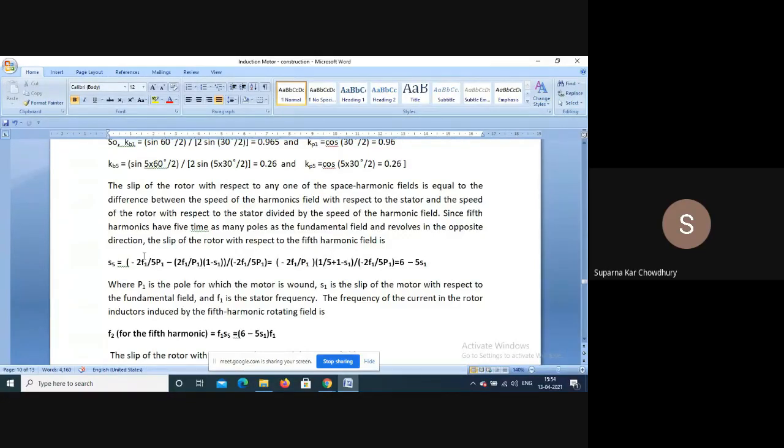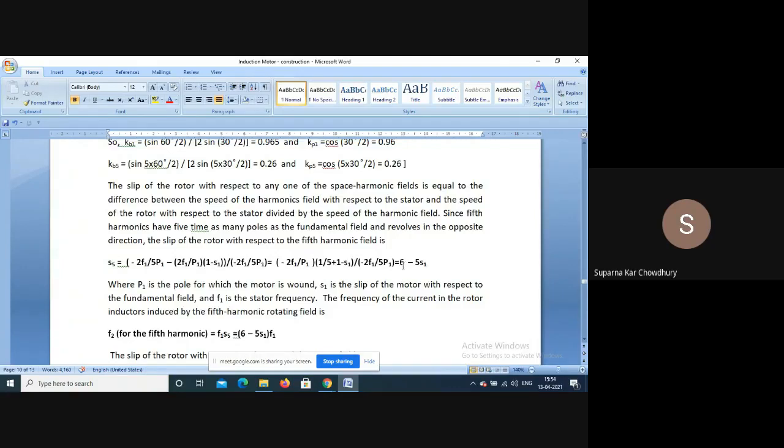The speed of the harmonic field with respect to the stator is 1/5 that of the fundamental. The speed of the rotor with respect to the stator is divided by the speed of the harmonic field with respect to the stator.